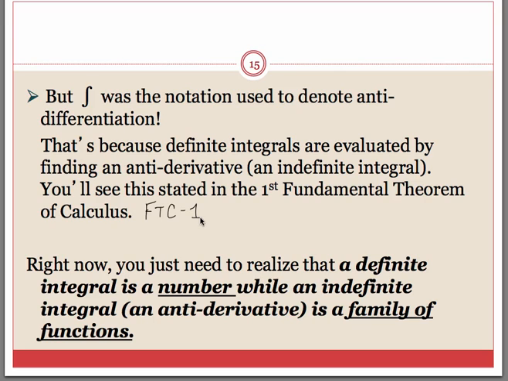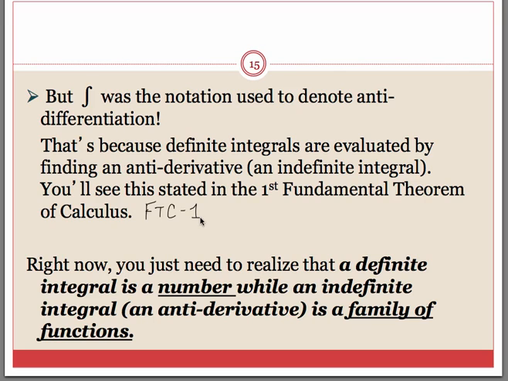Think back to everything you did with antiderivatives. When you found antiderivatives, remember you always had an equation for an answer. That's a big thing you need to realize right now: when you have a definite integral, the interpretation is that of area under a curve. So you're going to get a number answer.